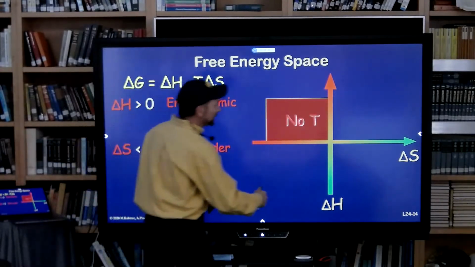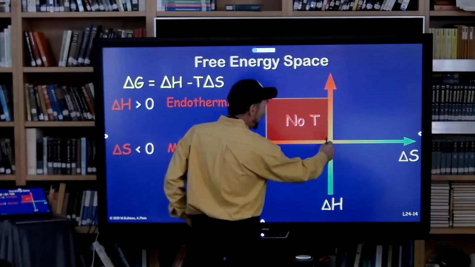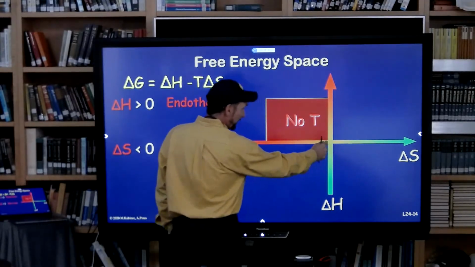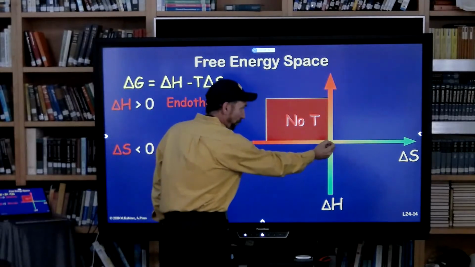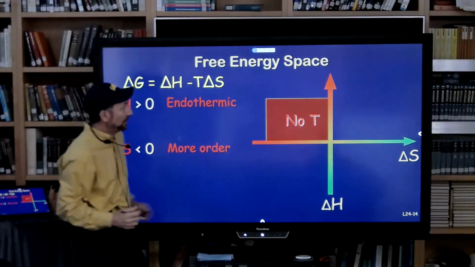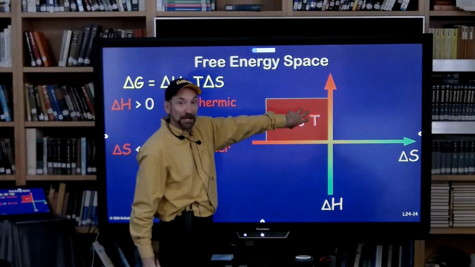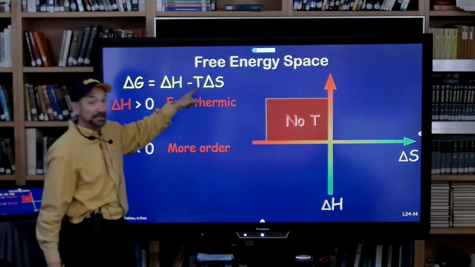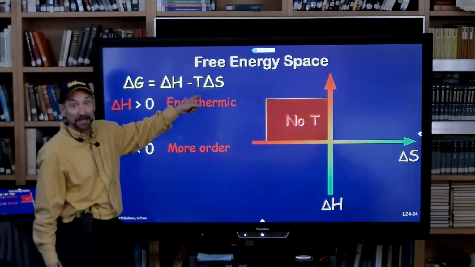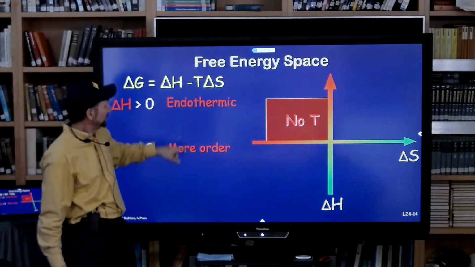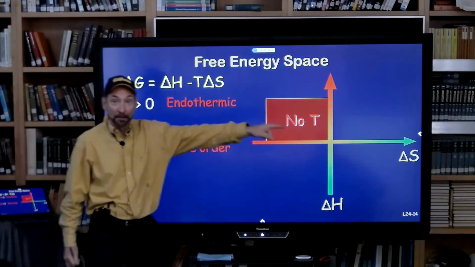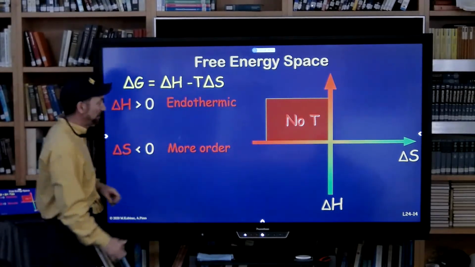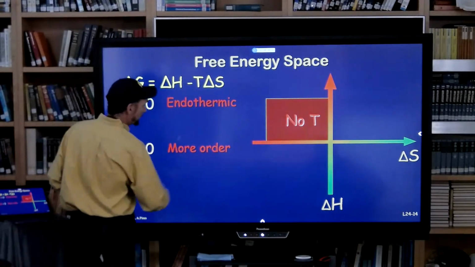So in this region, where the enthalpy change is positive and the entropy change negative from the origin here, these reactions are not spontaneous no matter how big you make the temperature, no matter how hot you get it. Since you have this combination of signs, they always inhibit spontaneity. They always tell you that reaction won't go.